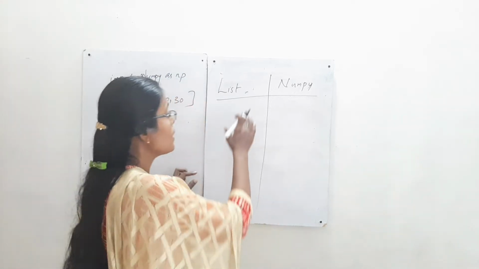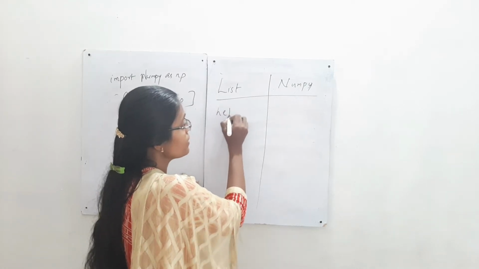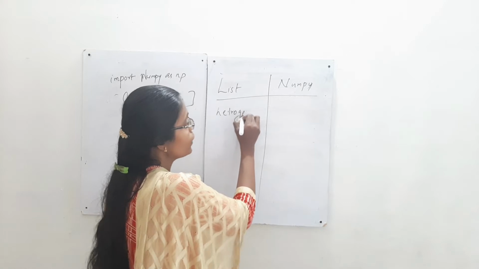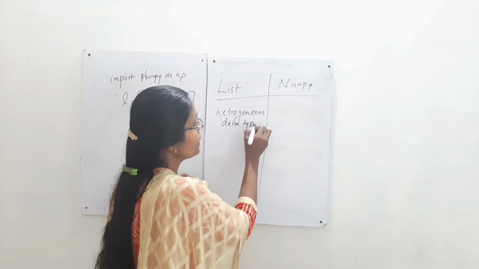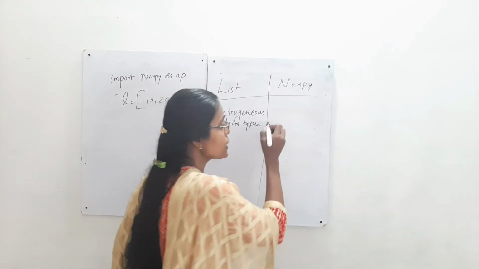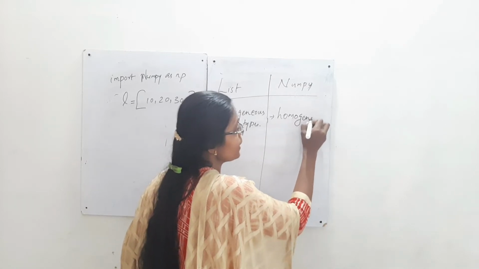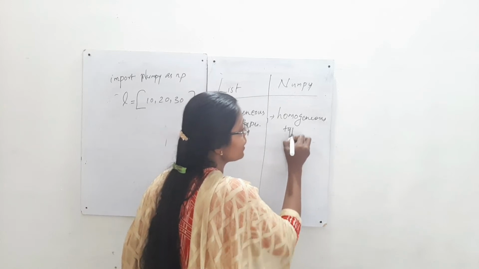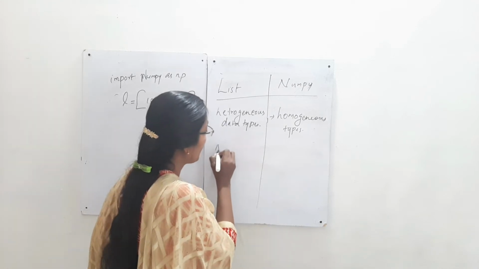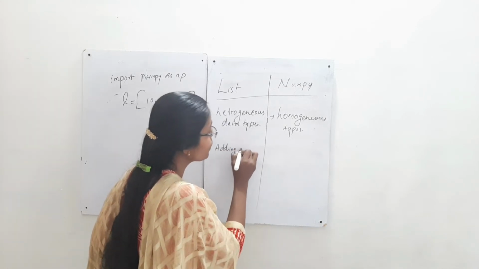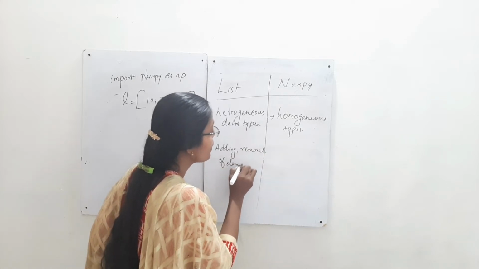Okay, so here the list. In the case of list, we can have heterogeneous type of data. Heterogeneous data types are permissible in the case of list. In the case of NumPy, we can use only homogeneous, means the same data type. Homogeneous types only are allowed in the case of NumPy. Then here adding and removal of elements is possible.